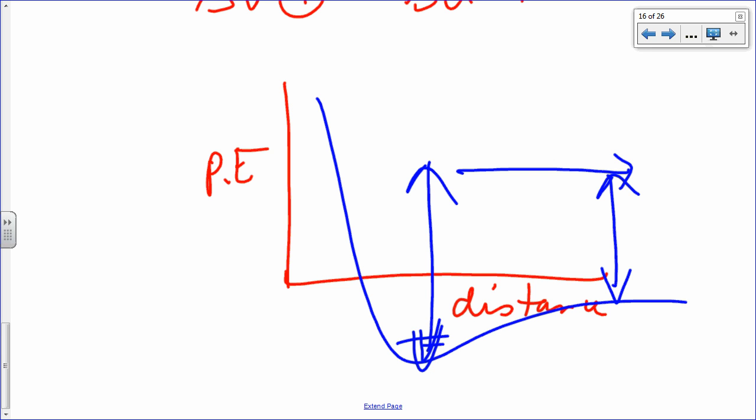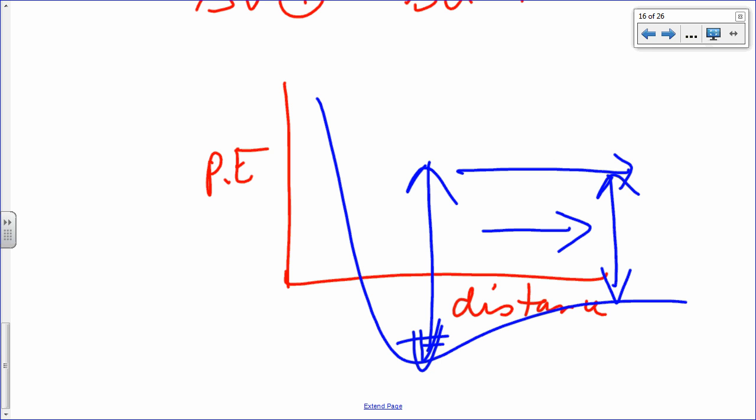Decreased kinetic energy. Lower kinetic energy means lower temperature, right? Because of attractive forces. If you want those molecules to spread out more, you're going to increase their average distance, and you're going to lower their kinetic energy because of the attractive forces that are holding them together.